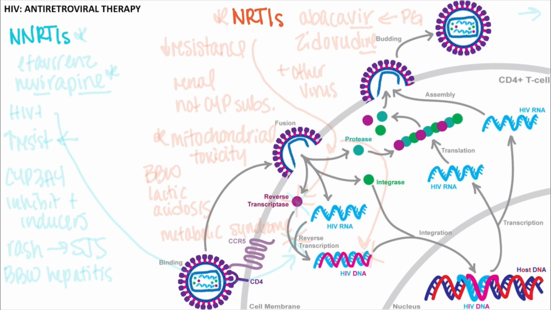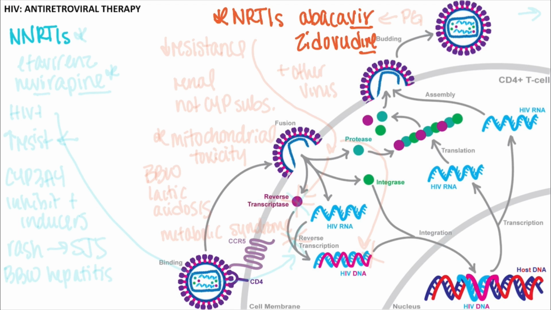So we will start off with our NRTIs, and these will include a handful of agents like abacavir and zidovudine, and several others. And most of these will either end in this INE ending, except for abacavir and tenofovir, which will have these vir endings.